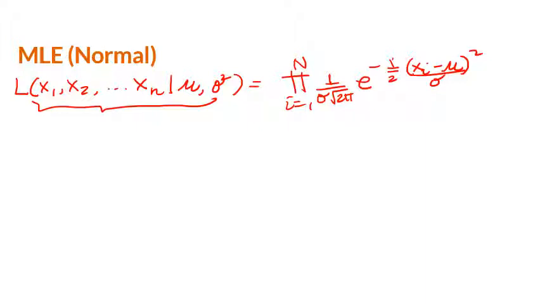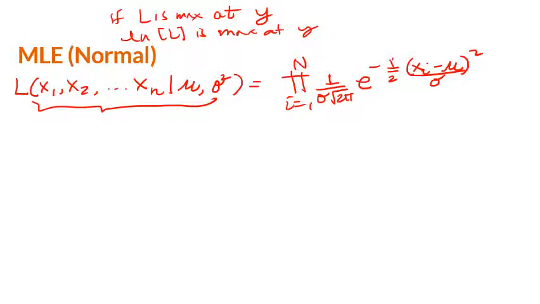So if L is max at some value y, ln L is max at y. So the idea of maximizing L, looking for the value of the set of variables that maximizes L, is similar din.